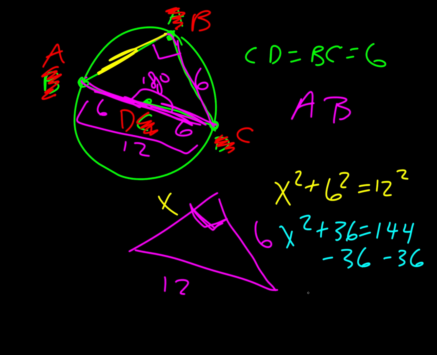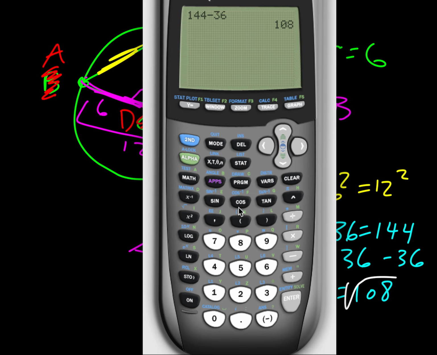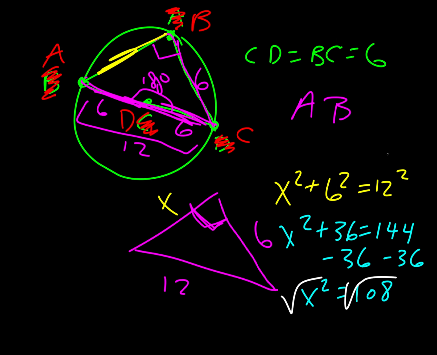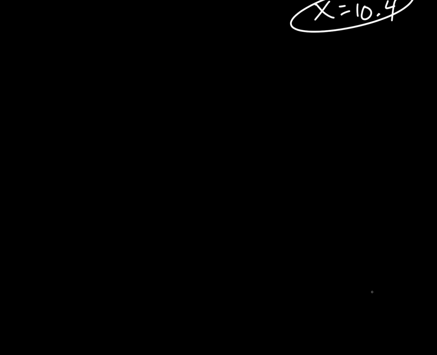So that's 108. Then the last step, square root both sides. So square root our last answer, and we get 10.4. Okay, so that's all we need to do on that one.